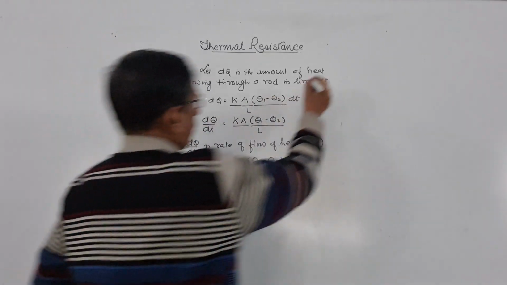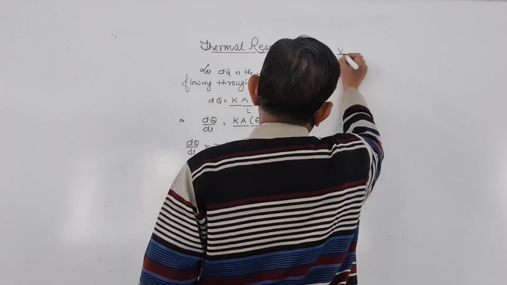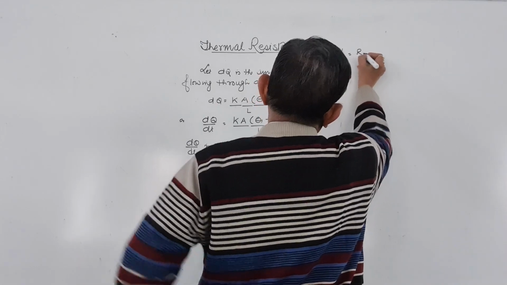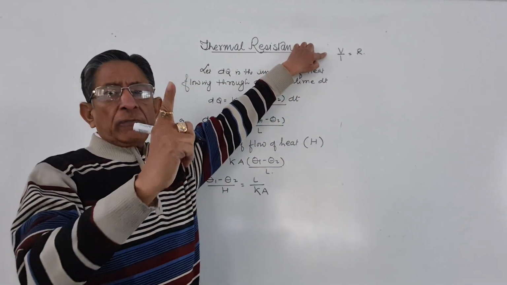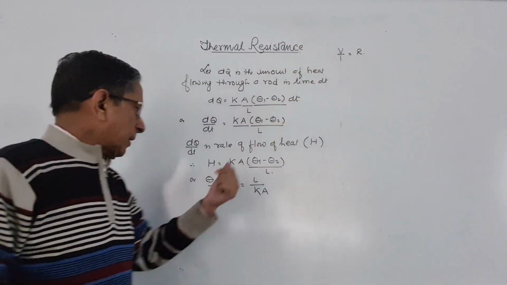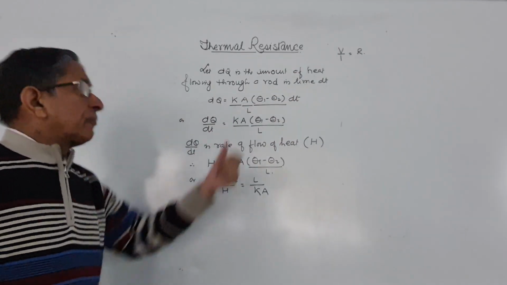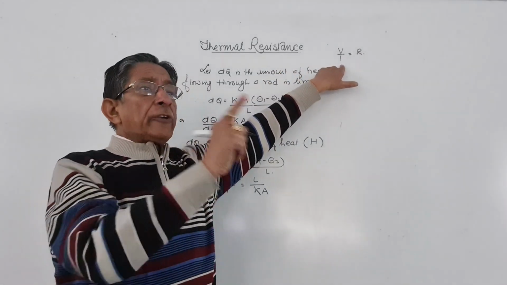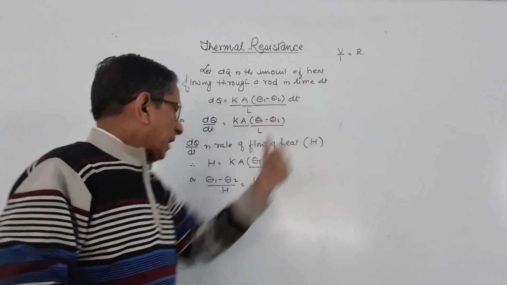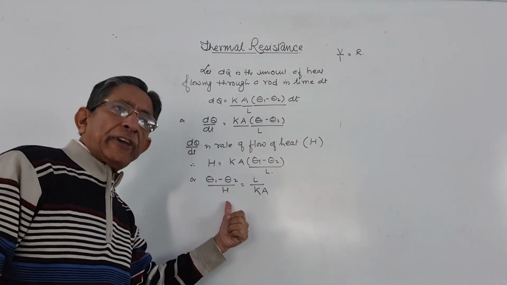In 10th class you have studied V upon I is equal to R. What is V? V is potential difference. Here it is the temperature difference. What is I? Rate of flow of charge. Here it is the rate of flow of heat.